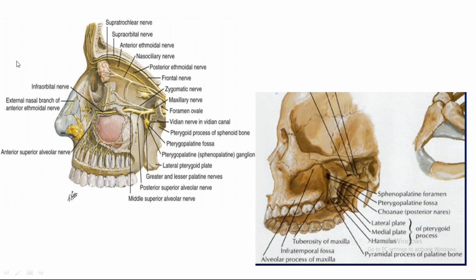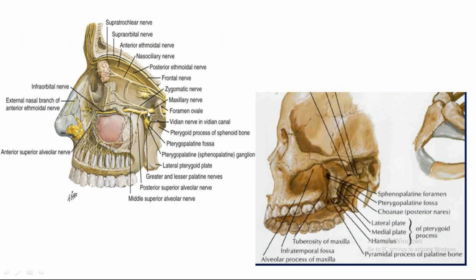Here you can see the different nerves which innervate the nose and the paranasal sinuses. So here you can see the pterygopalatine or sphenopalatine ganglion. This is through the maxillary division of trigeminal, V2, which we are showing now, you had seen that one.